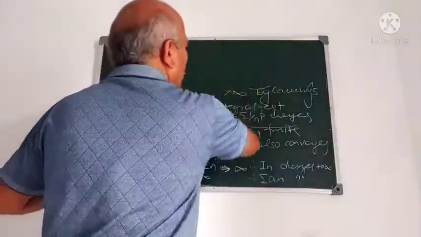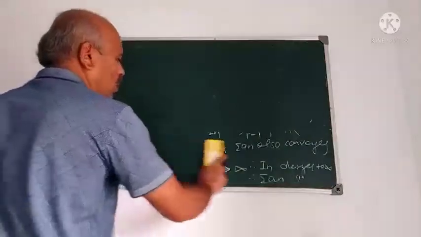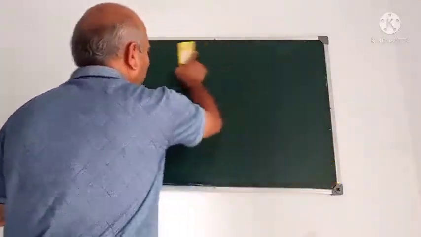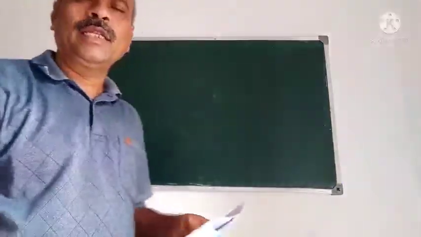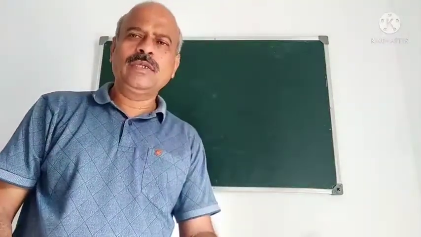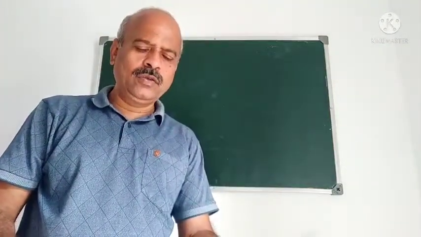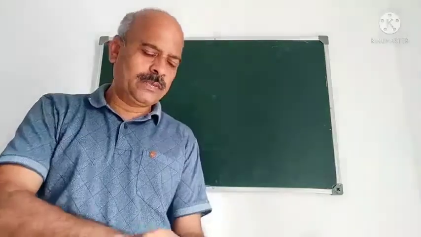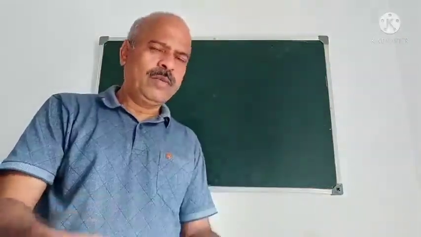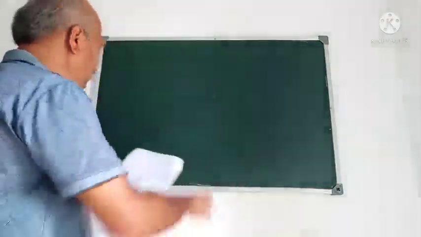I hope all of you understood the solution, and you can easily apply this concept to any series. One more problem I take, and if possible I will try to complete that one.